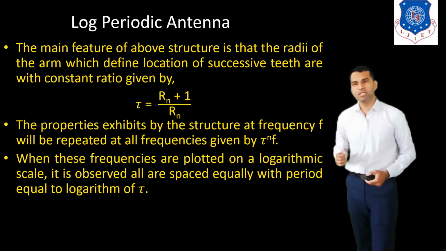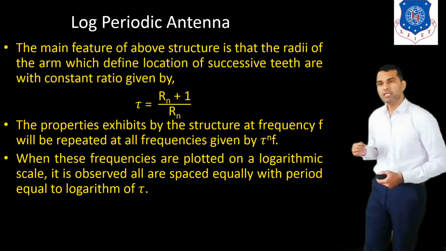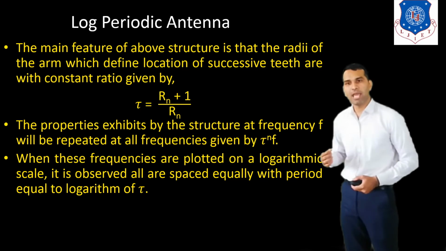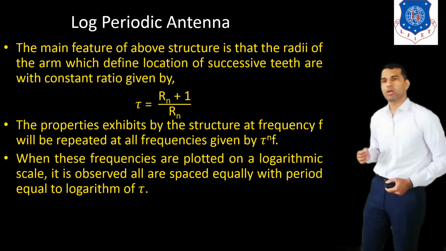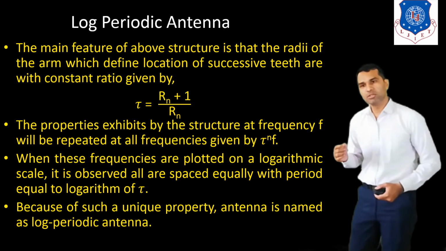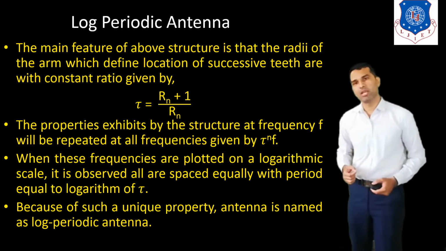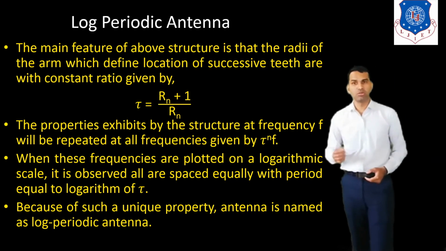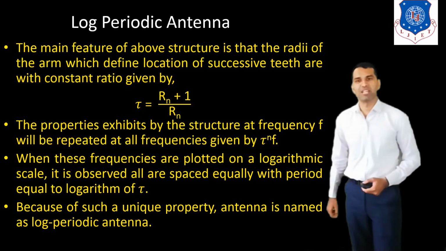When these frequencies are plotted on a logarithmic scale, all are scaled equally with a period equal to the logarithm of tau. Because of such a unique property, the antenna is named the log periodic antenna.